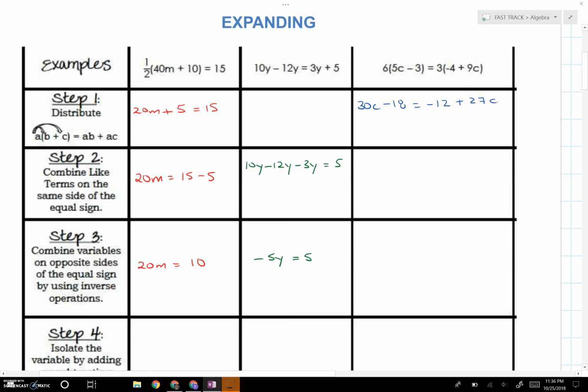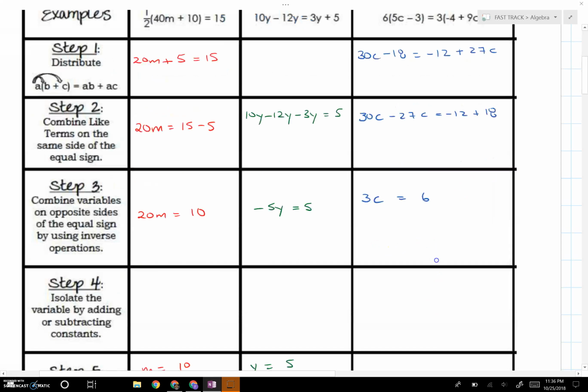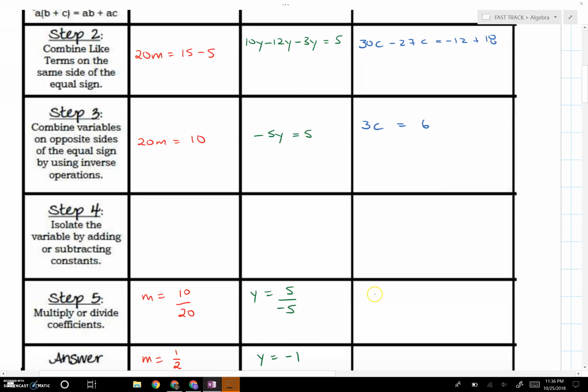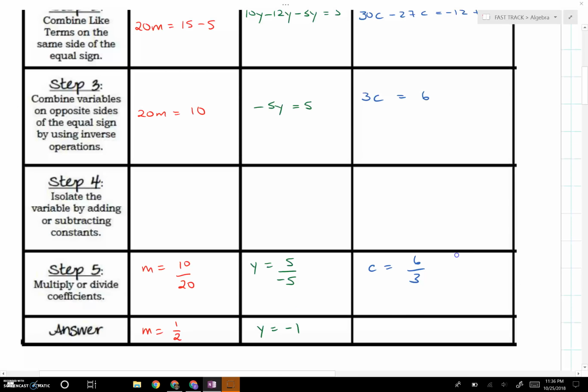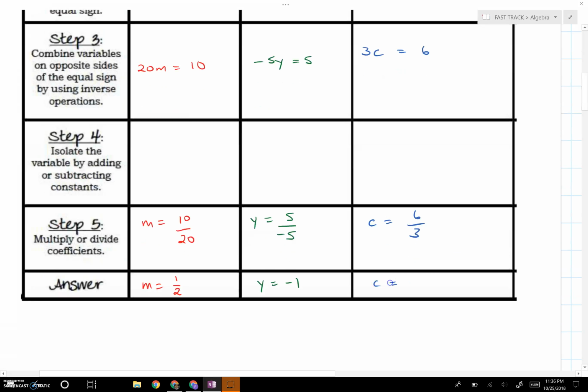Now it says combine like terms on the same side. All right, so I've got 30c minus 27c is equal to minus 12 plus 18. So it says combine all the things on each side. All right, so I've got 3c is equal to 6. And I've got c is equal to 6 divided by 3. So c is equal to 2.